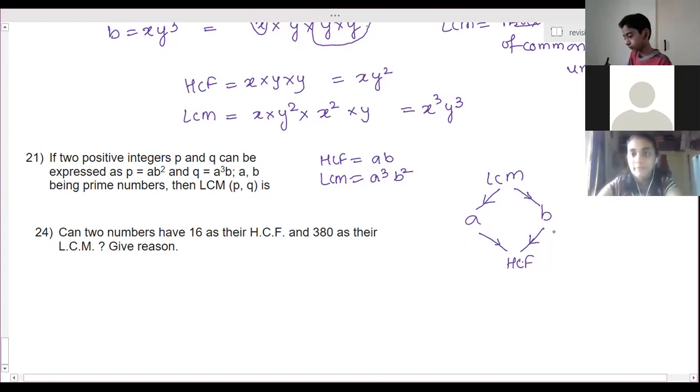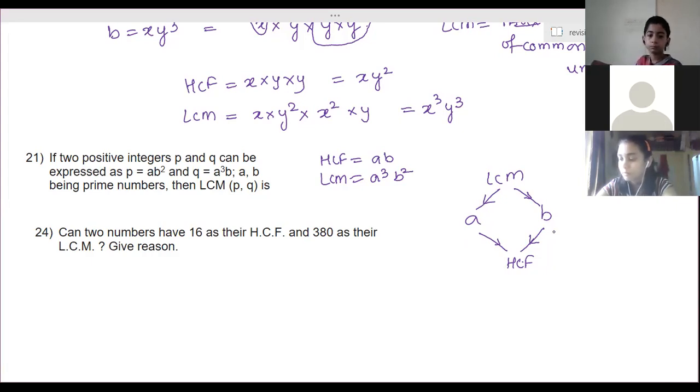LCM is completely divisible by A and B. So A and B are factors of LCM. And HCF is a factor of A and B. This means indirectly, what is the relation between HCF and LCM?